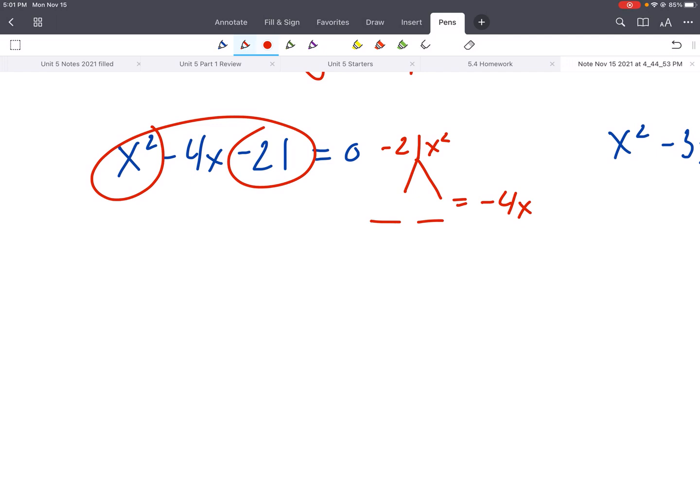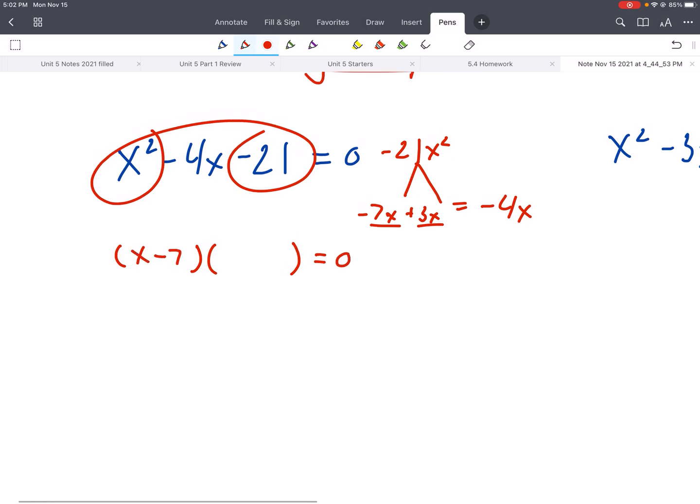So 3 and 7 can give us 4 if we did maybe negative 7x and a positive 3x. So once we have that, a is 1, so we can just rewrite this, putting it into intercept form. So we would get x minus 7 and x plus 3.